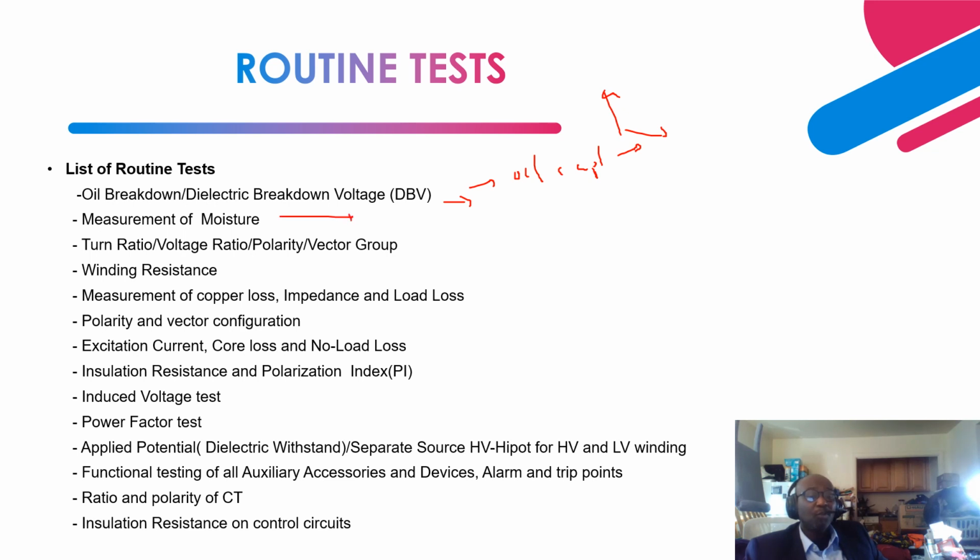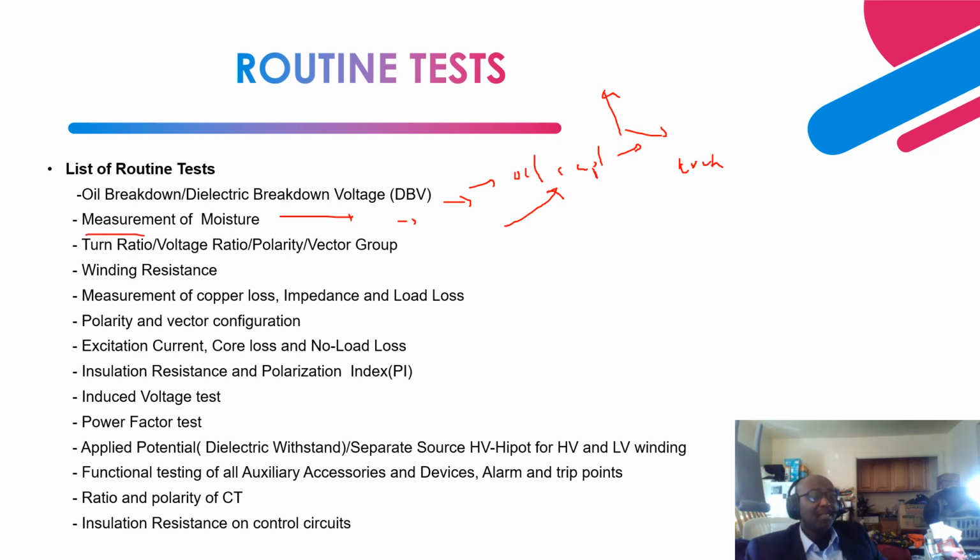Then measurement of moisture, basically to determine the moisture content in the insulation, the paper and the oil, right? You can go further and give an example of the industry criteria based on different voltage levels of the power transformer, the acceptance criteria. That gives you extra points, right?